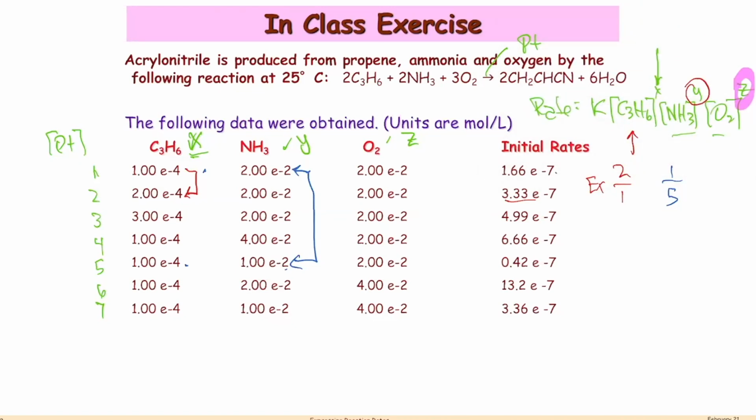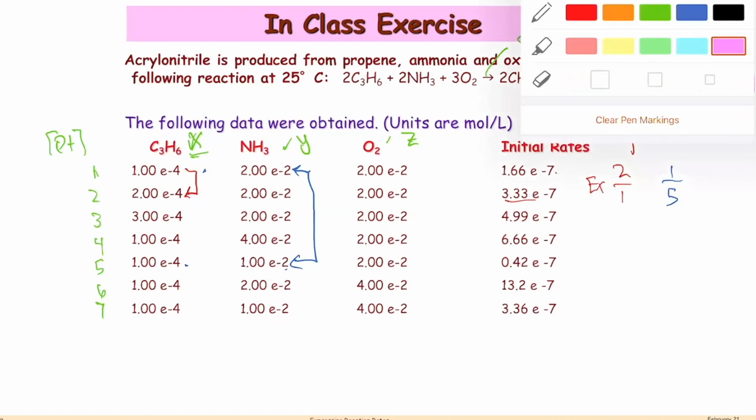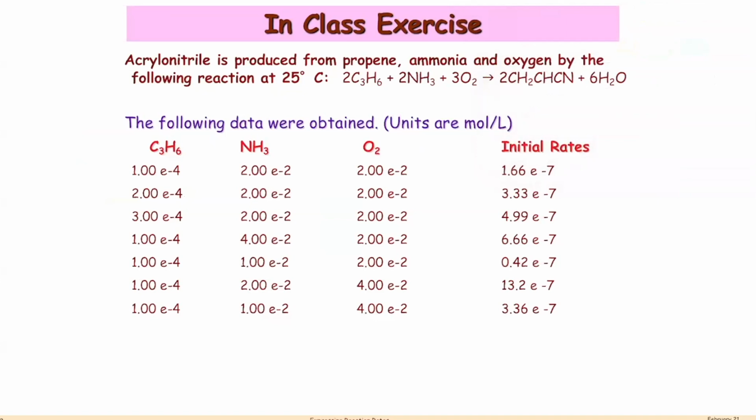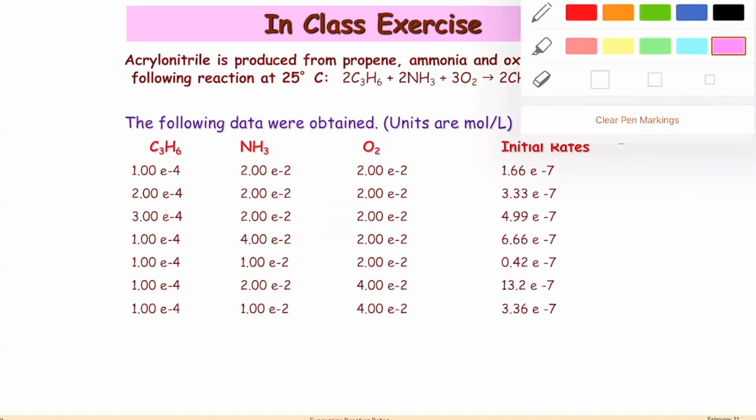And then the last is I'm going to find an experiment in which I'm going to find oxygen. That wasn't quite what I wanted. I'm going to find oxygen. I don't know why I erased that. It was 2. Let me erase that again.